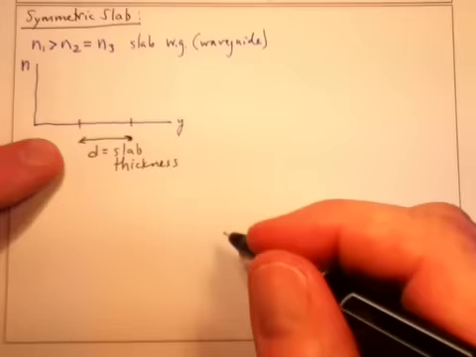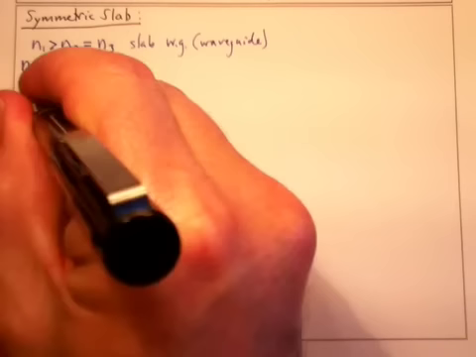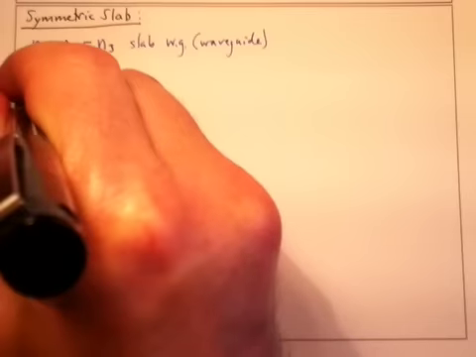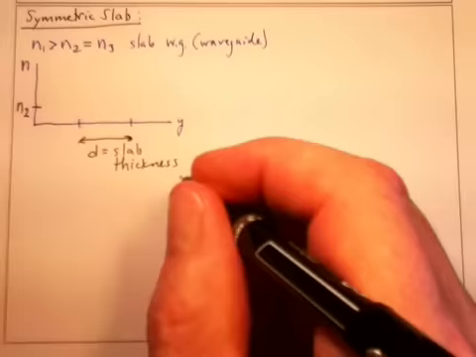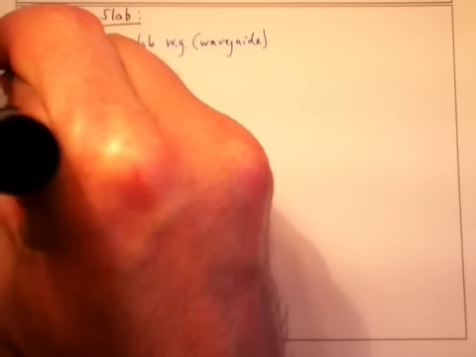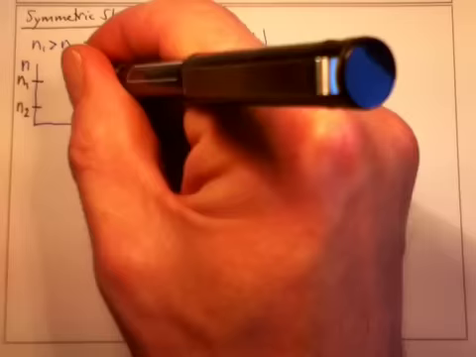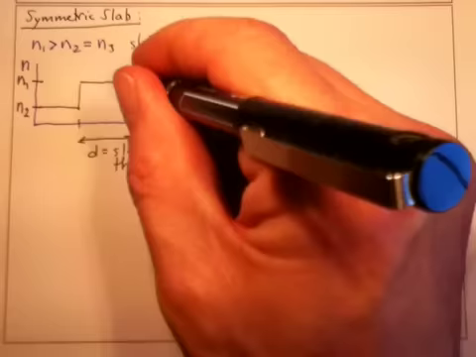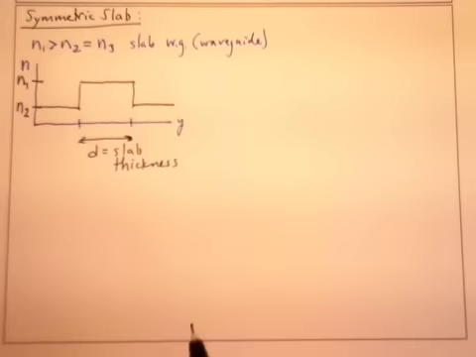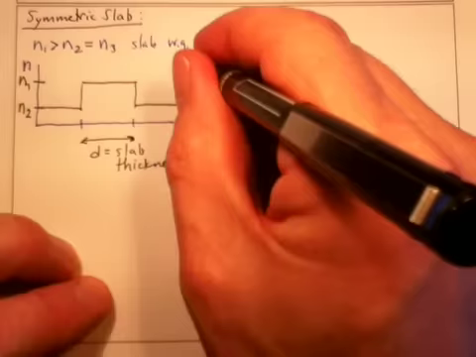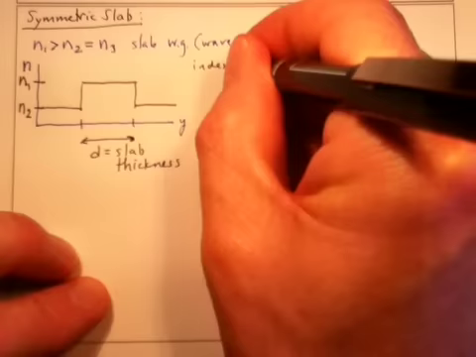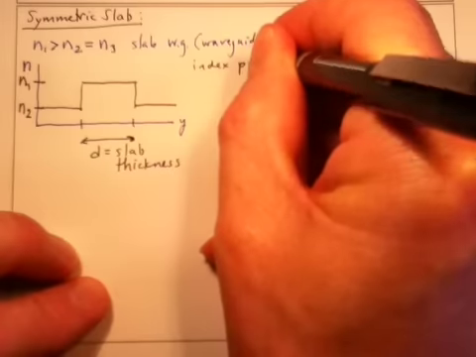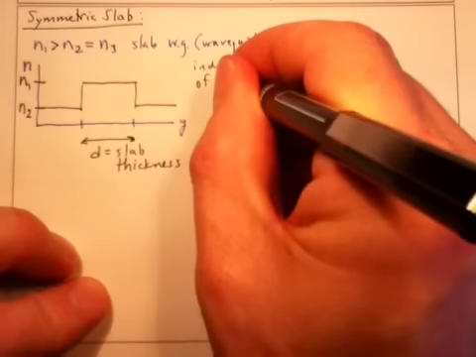That's the thickness D, and our index will be N2 outside of the slab and N1 on the inside of the slab. So our plot will look like this. Okay, so that's the plot of the index profile of the symmetric slab.